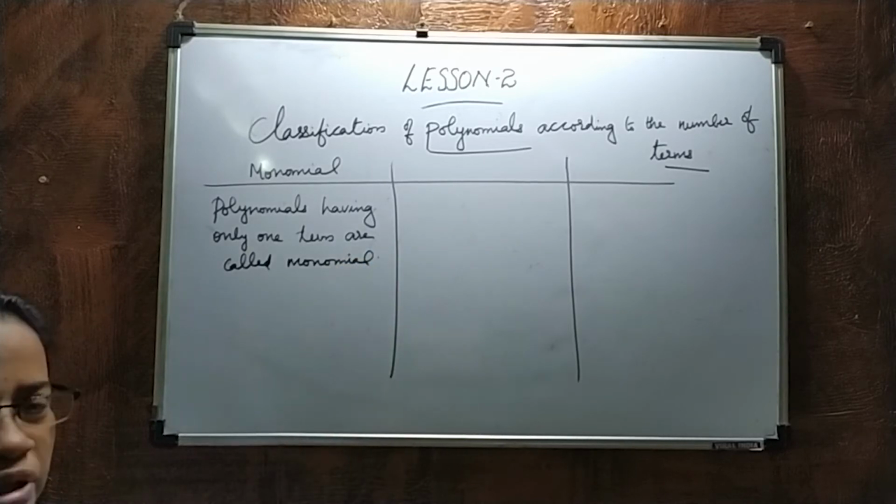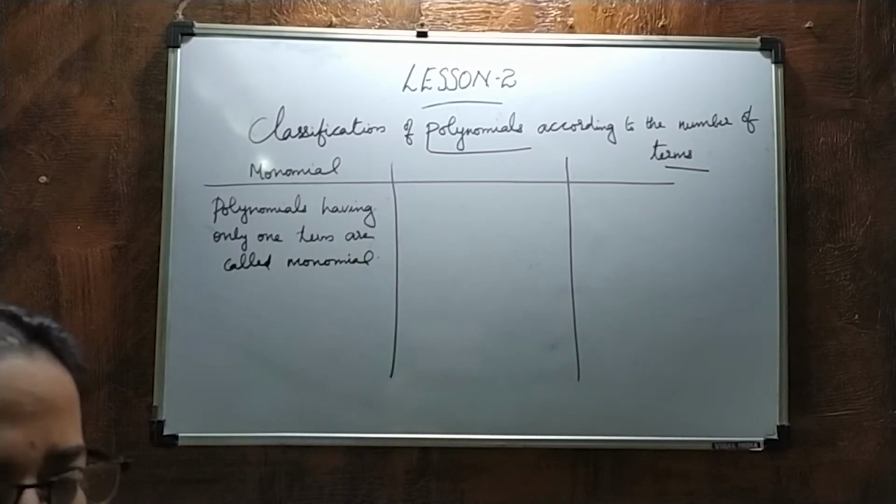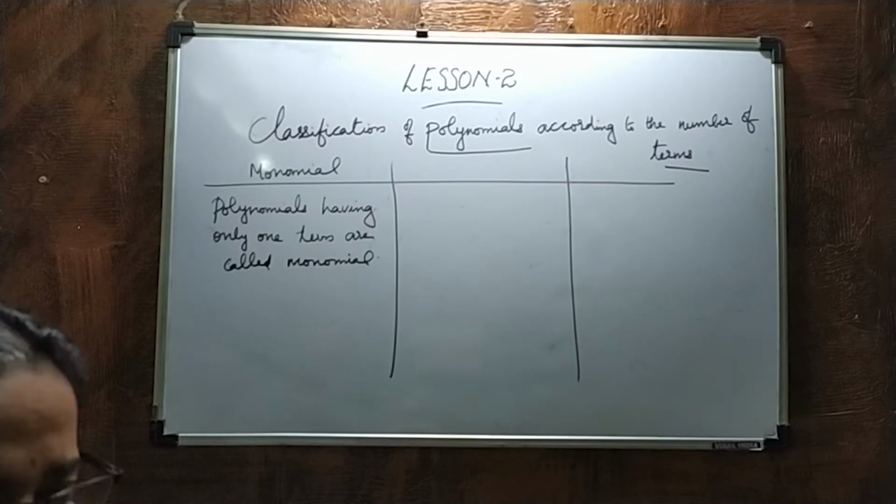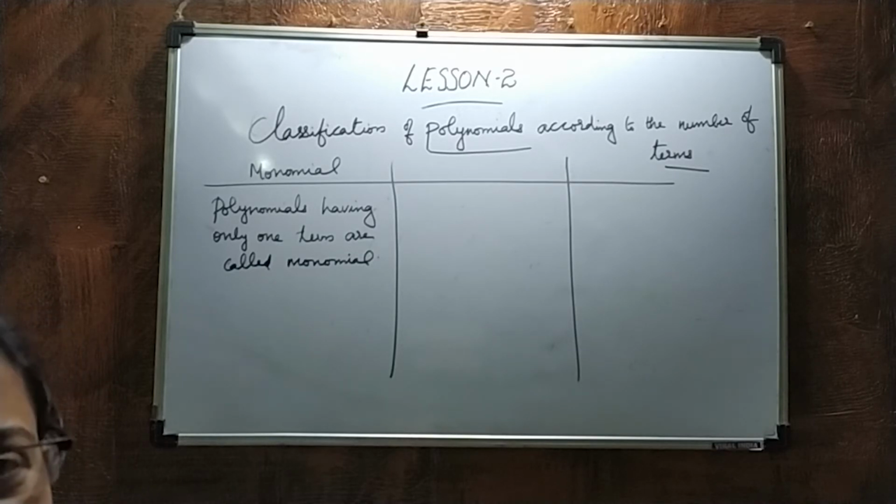Now, the examples. Only one term should be there. That means after that term there should not be any plus or minus.